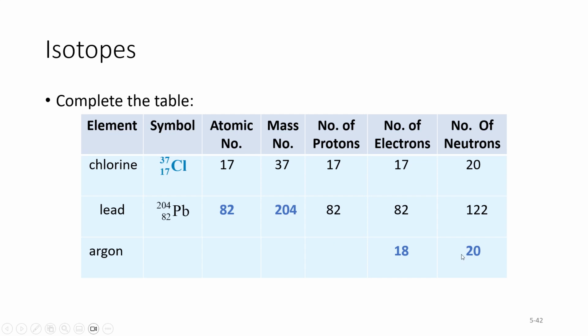Now here it says there are 20, and then we know that there's 18 protons because it's a neutral atom. 18 plus 20 is 38. So you can see 38 on the top, 18 on the bottom, and here's our element symbol. 18 for the atomic number, the mass number is 38 and 18.